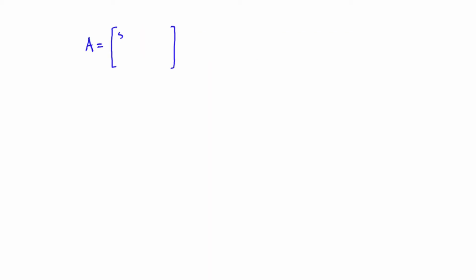All right, let's look at the matrix that we looked at in the previous video. So recall we had a 3 by 4 matrix A, and we found that the row space was a subspace of R4, and that had dimension 2, and the column space was a subspace of R3, and that also had dimension 2, so it had rank 2. The rank of A is 2.